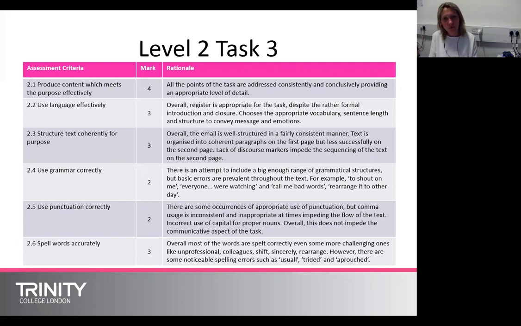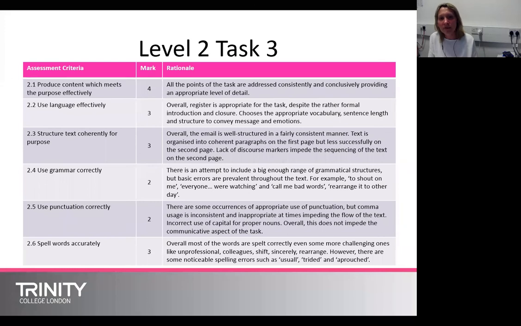The 2.4, 2.5, the grammar criteria and punctuation are not achieved as consistently. And so there are some examples. There's one or two attempts, one or two examples of the amplification, and that's why they awarded 2 marks.